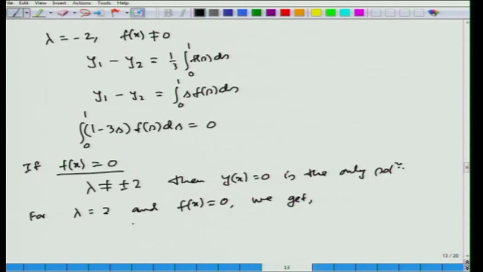both equations can be reduced to y1 minus 3 y2 equal to 0.